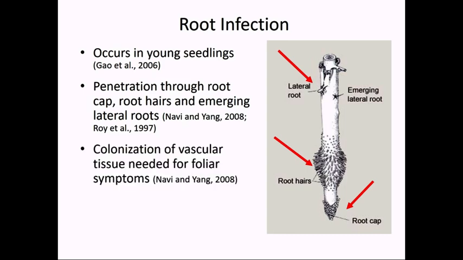But to get the toxin from the roots to the foliar symptoms, the fungus needs to make it to the vascular tissue. So if the plants have only a cortical infection and the fungus is not found in the vascular tissue, in the xylem, then the toxins cannot move up. So this early infection establishment in those root tissues is really important for symptom development later on.